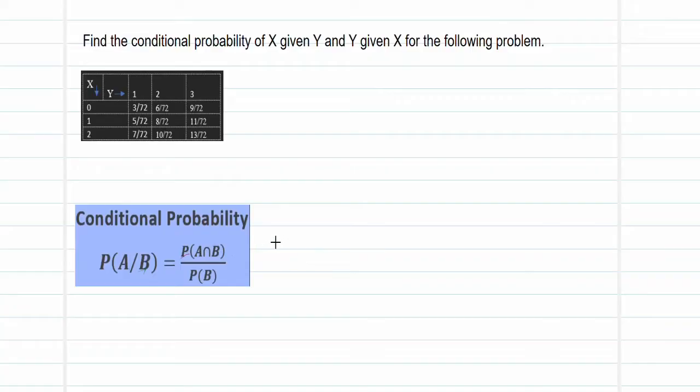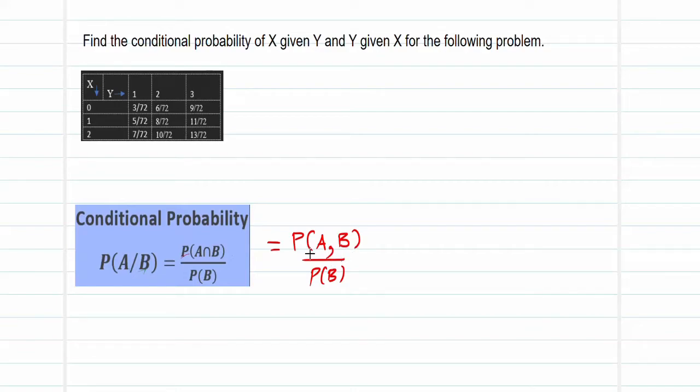We need to keep in mind that for a two-dimensional random variable, an intersection sign can be replaced with a comma. So the numerator can be written as probability of A comma B divided by P of B, because intersection means the AND operator, and the comma in two dimensions also represents the AND operator.